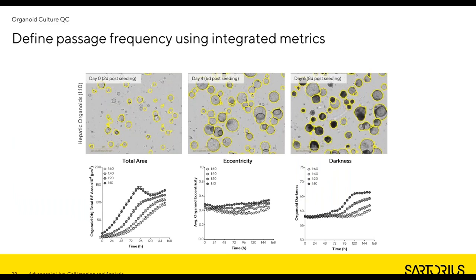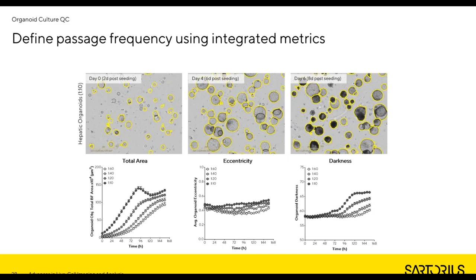So now defining the optimal culture conditions, such as cell number or passage frequency, is essential for maintaining or expanding healthy organoid cultures. Organoid passage frequency is often driven by various indicators of maturation, and that's all cell type dependent. But for example, maturation can be instigated, or it can be tracked by changes in size, the accumulation of debris within a lumen, for example, or even the budding phenotype I described earlier with the intestinal organoids.